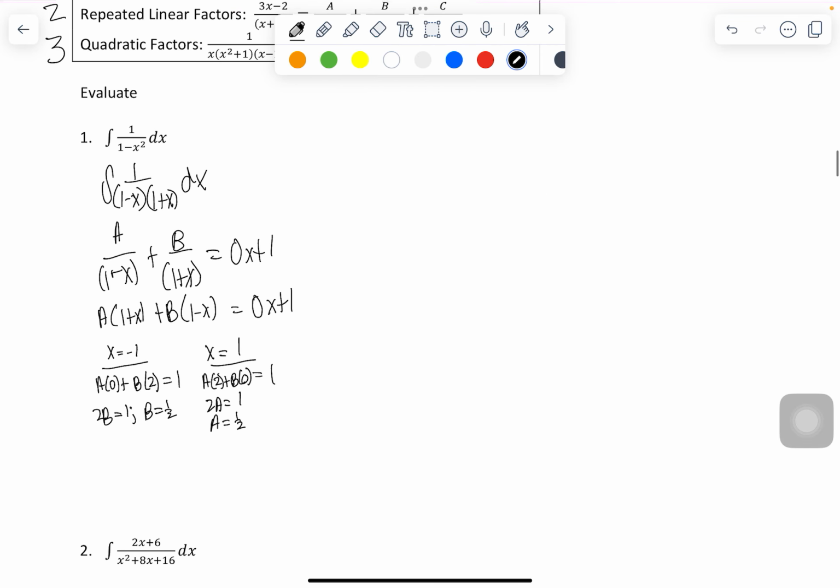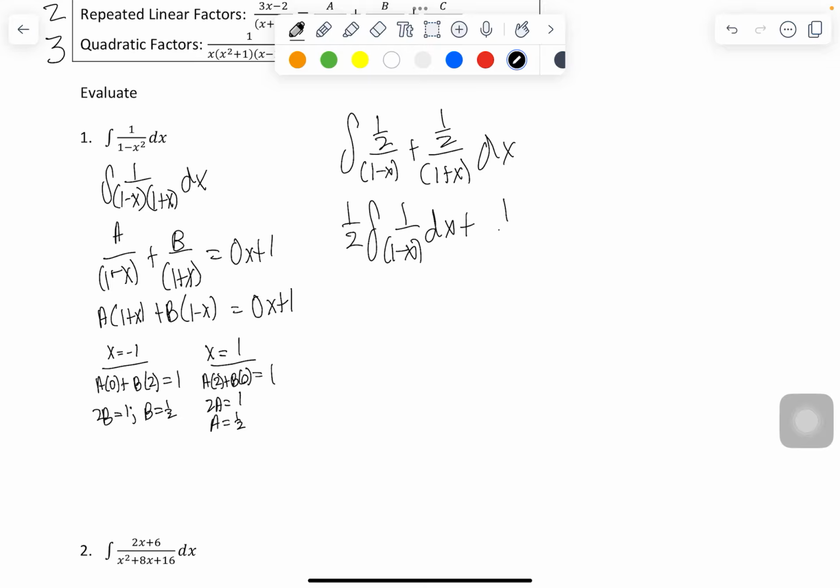Now once we have those factors, we can integrate 1 half our a value over 1 minus x plus our b value over 1 plus x with respect to x. We can take the 1 half out and write this as two different integrals.